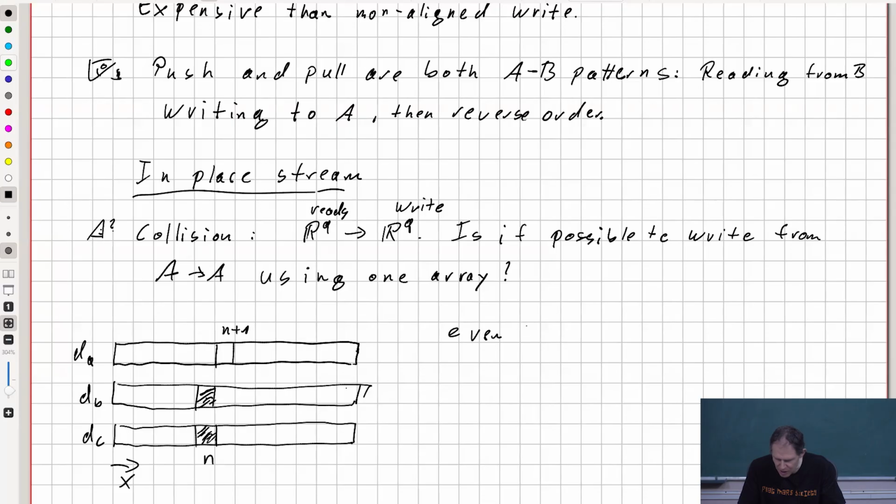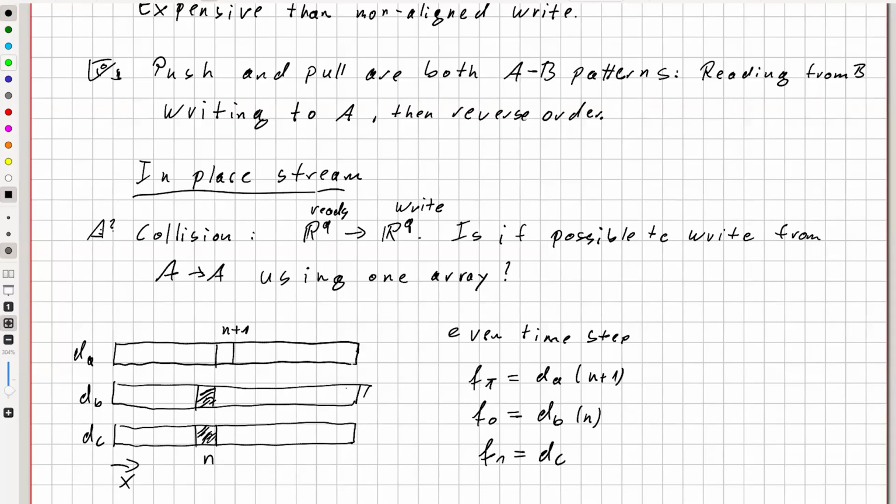Now we distinguish between even time steps. So in an even time step, we read the f minus 1 population from dA at N plus 1. We read the f0 population from dB at the position N, and the f1 we read from dC at the position N.